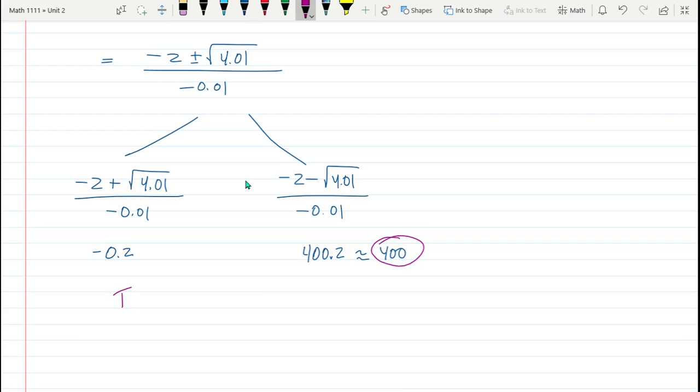So the arrow falls 400 feet away from the original point, the moment of release. So it landed 400 feet away.